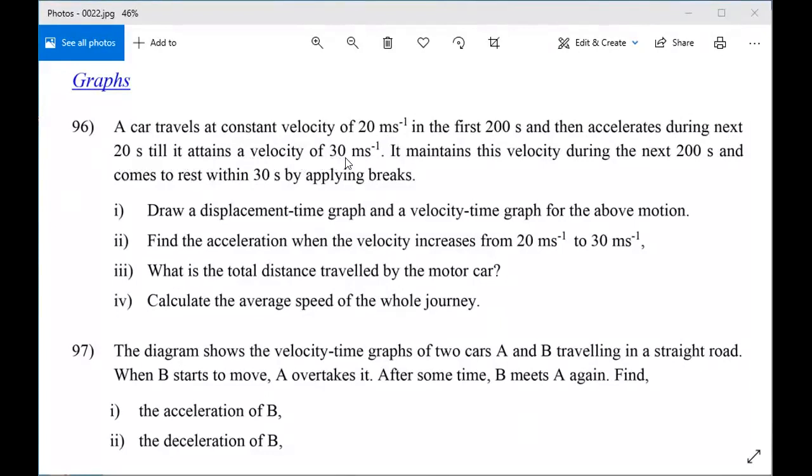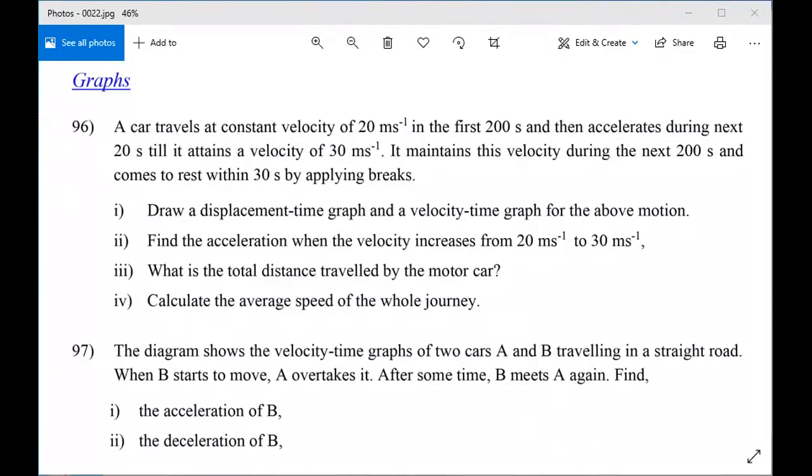So after the 200 seconds, during another 20 seconds, it accelerates and increases the velocity from 20 to 30. After that, it maintains this velocity during the next 200 seconds and comes to rest within 30 seconds by applying brakes. Draw a displacement time graph and velocity time graph for the above motion. Find the acceleration when the velocity increases from 20 to 30. What is the total distance traveled by the motor car? Calculate the average speed of the whole journey.